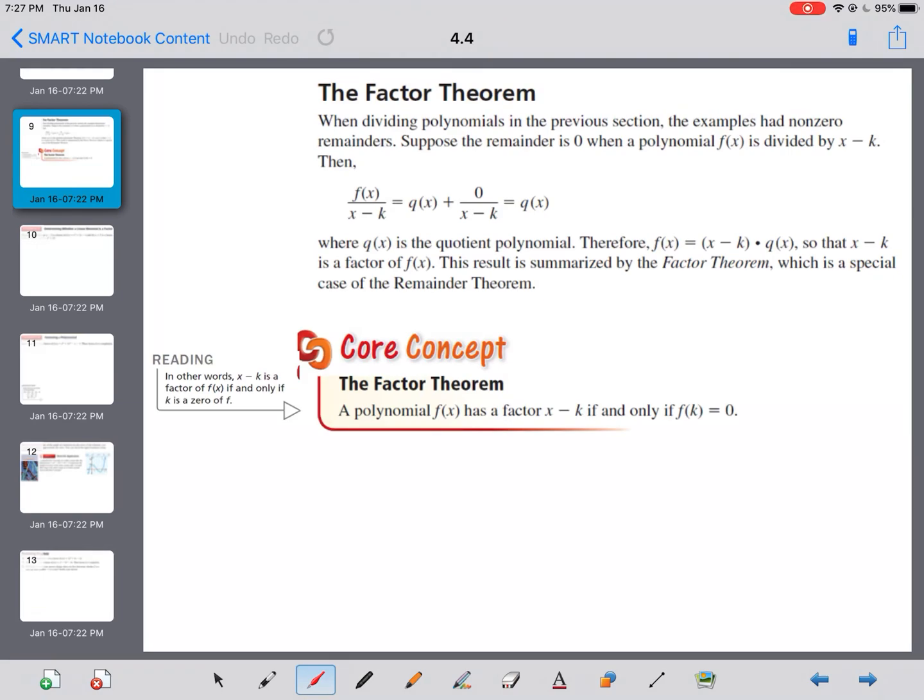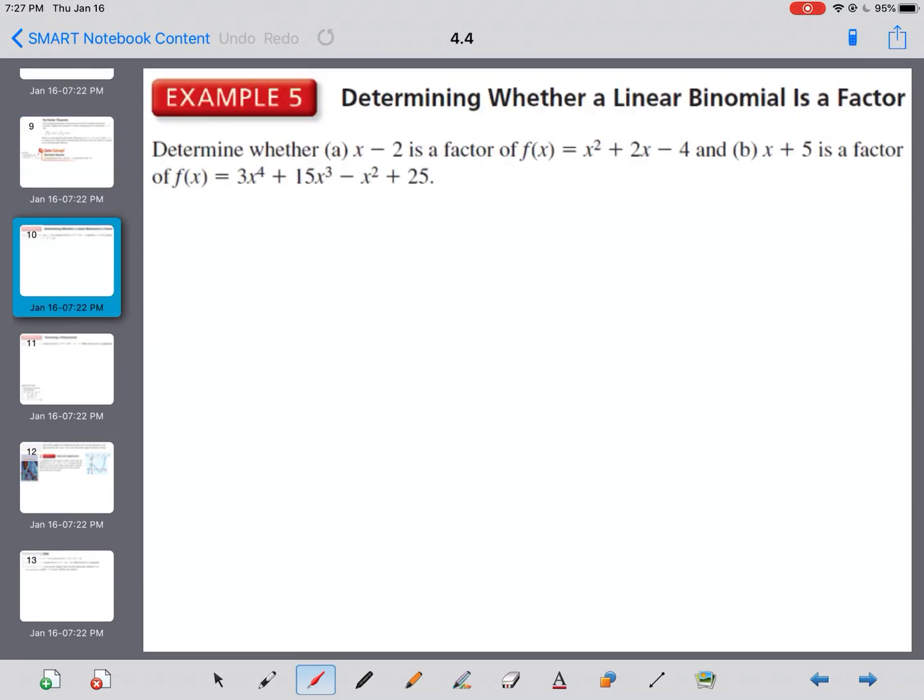So you can prove something's a factor of a polynomial, like when we are factoring quadratics. If someone says, hey, x plus 2 might go into that, and you're not sure it's a factor, you could divide it, long division or synthetic division, and prove it. Like this. Determine whether, on question A, x minus 2 is a factor of f of x equals x squared plus 2x minus 4.